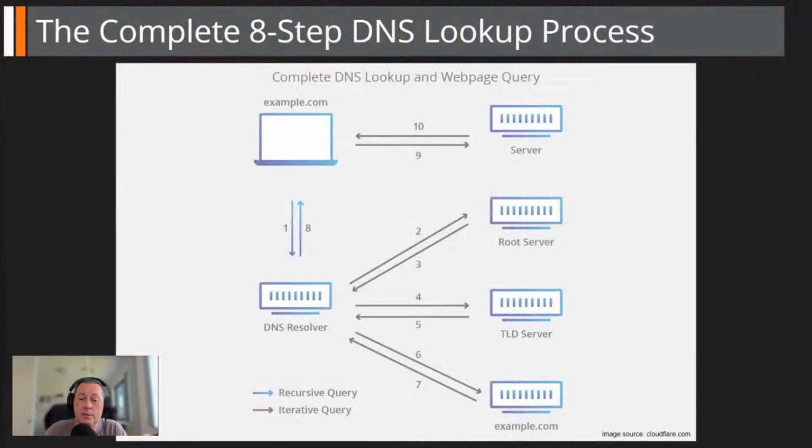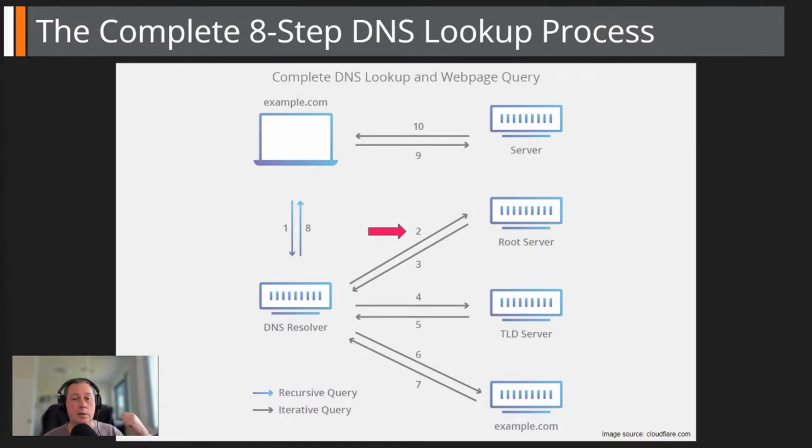Here's how it works. This is the whole internet DNS lookup process. Step one, the user types in, for example, example.com, or it could be yourwebsite.com, into a web browser, and the query travels into the internet and is received by a DNS resolver. Now, the DNS resolver queries the DNS root name server.